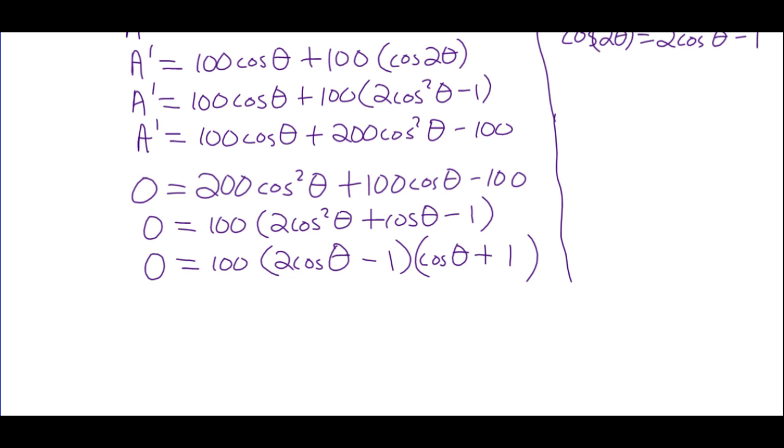2 cos squared theta plus 2 cos theta minus 1 cos theta is plus 1 cos theta minus 1. You're not going to get these numbers wrong, but you might get the signs wrong, in which case it just becomes a mess for you, right? Because now it doesn't solve properly. So anytime you factor, quickly FOIL it out.